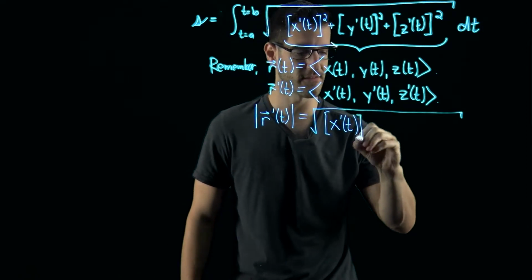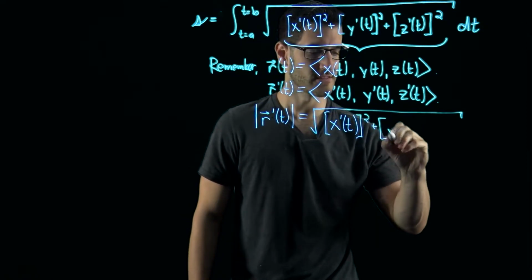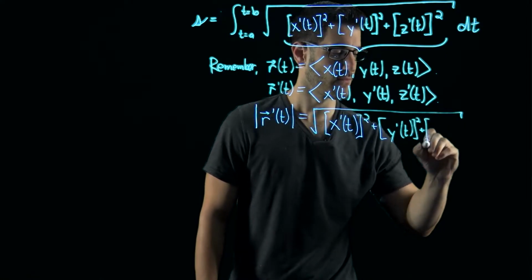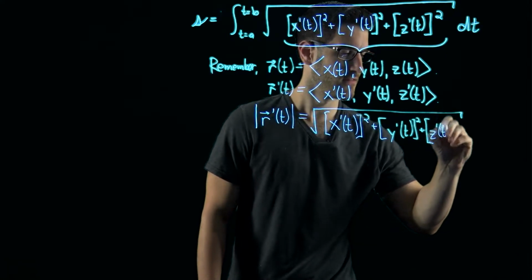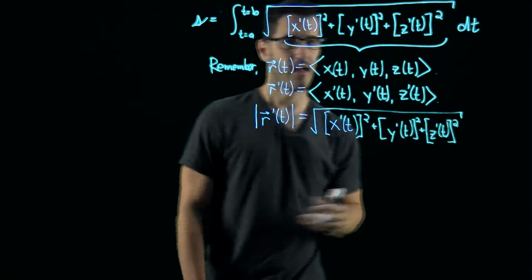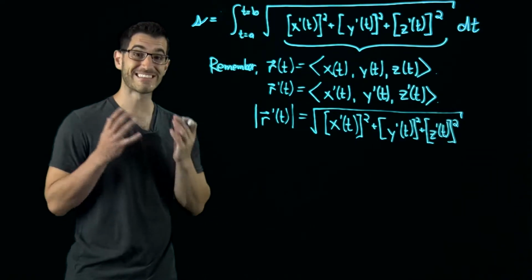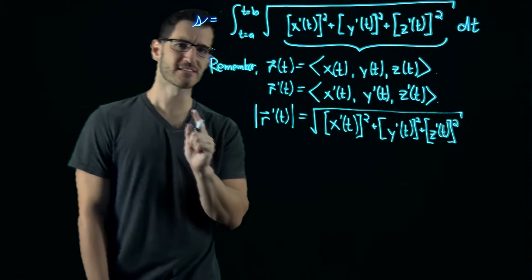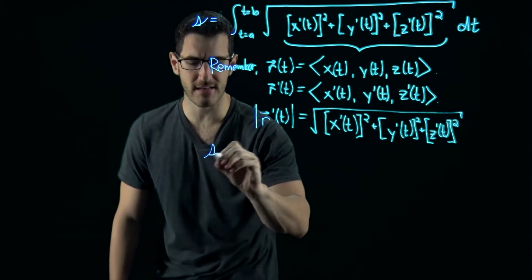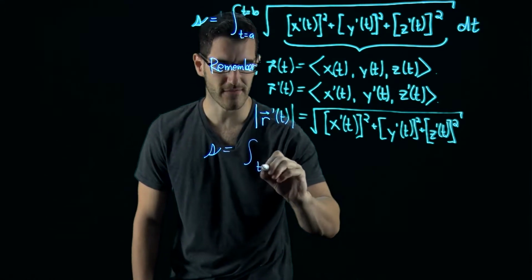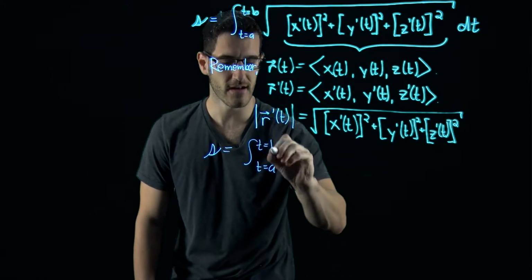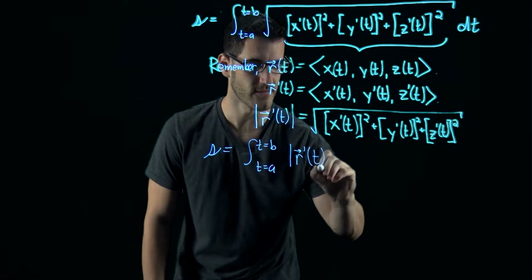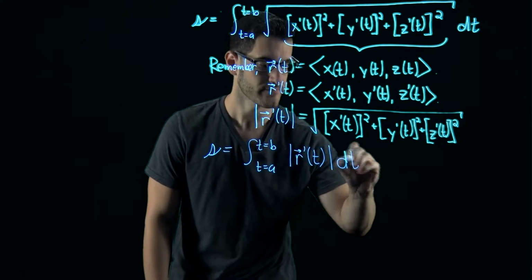Well, we square the first component, we square the second component, and we square the last component. And that should look very familiar because it's exactly the expression inside of this integral. And so that allows us to write this in a little bit different way. So instead of writing that whole thing out, we can just rewrite this formula like that.